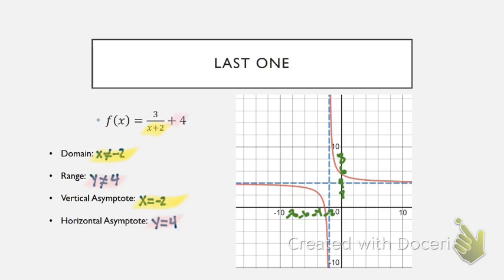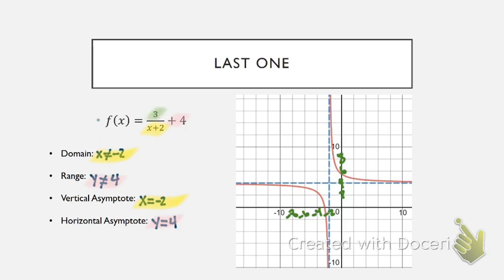What I'm going to highlight in pink was my k value. And the k value we expect to move me up or down. And since I have plus 4, we would assume that the graph would be picked up and moved 4 units up. And my asymptote, my horizontal, should be at 0. But it got moved up to 4. So transformation is just normal.